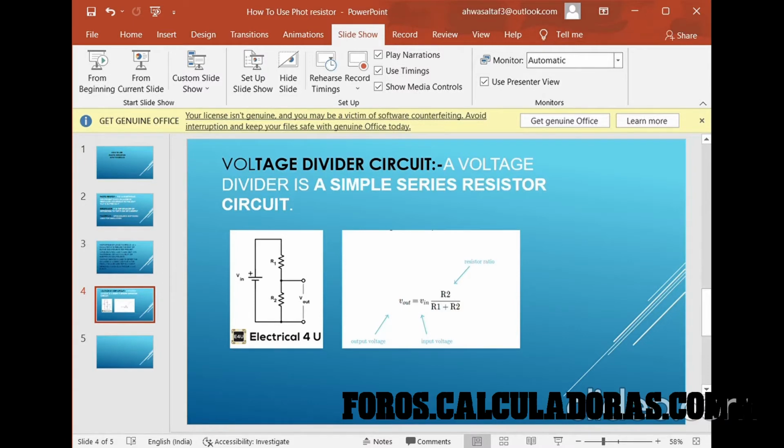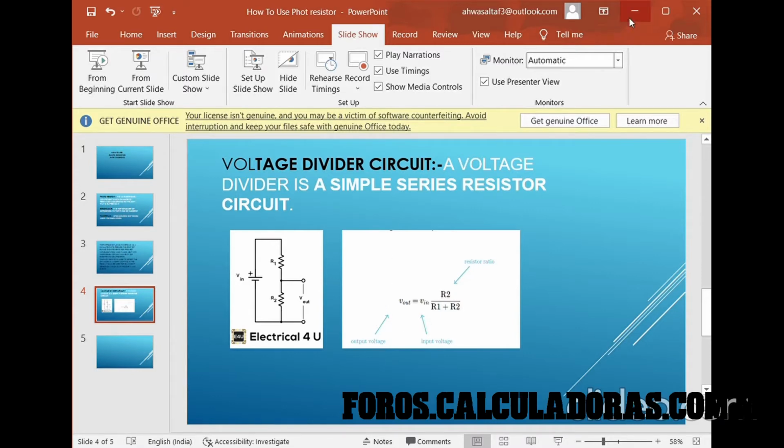So what we are doing here is we will be changing the value of this photoresistor by our sunlight simulation, and when we increase the value of R1 here, the output voltage will be reduced drastically. Okay, since this is inversely proportional to this, that is why it will happen.